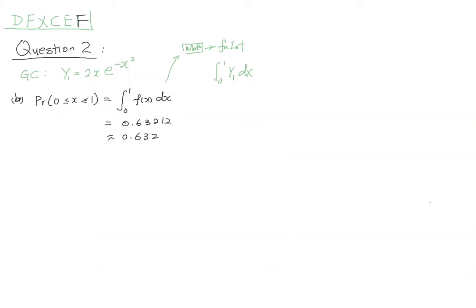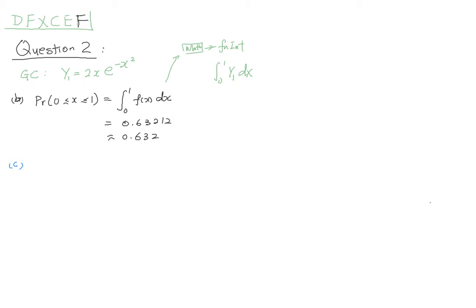Then for part C, they ask you to find f prime x. Why do they want you to find f prime x?